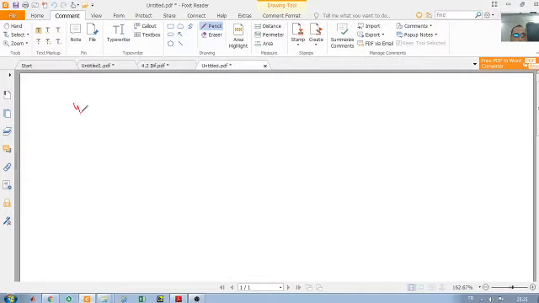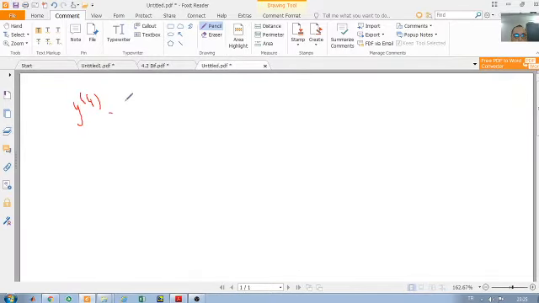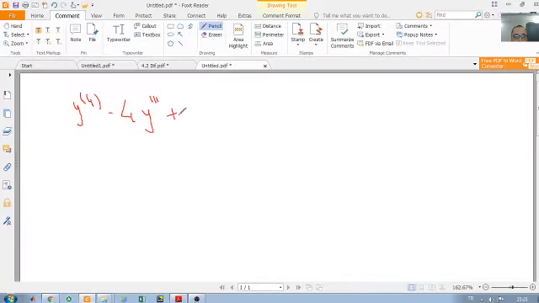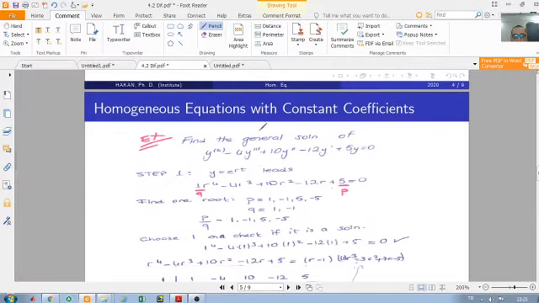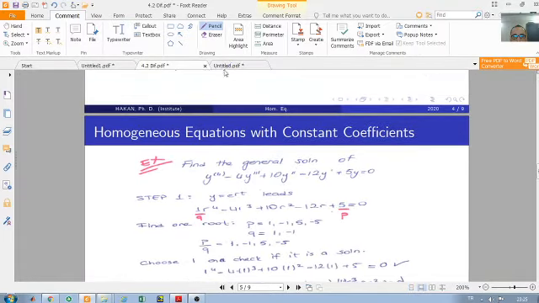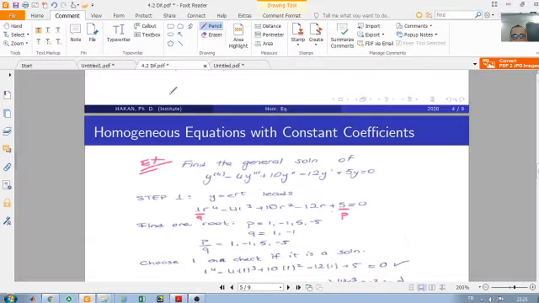The fourth derivative of y minus 4 times the third derivative plus 10 times the second derivative minus 12 times the first derivative plus 5 times y is equal to 0.